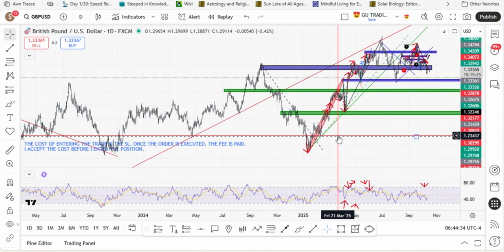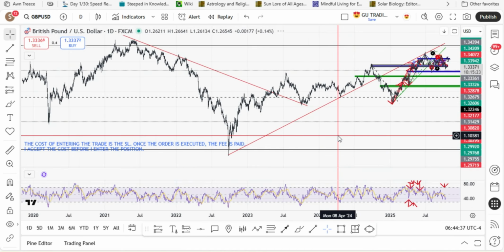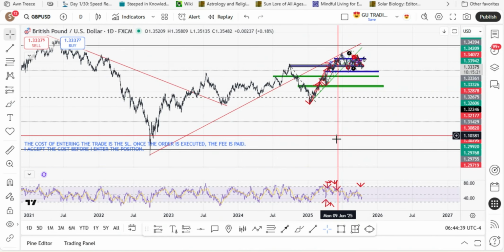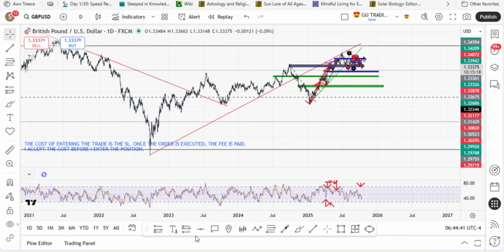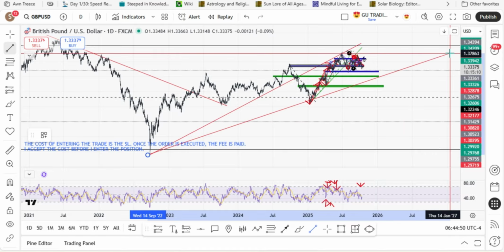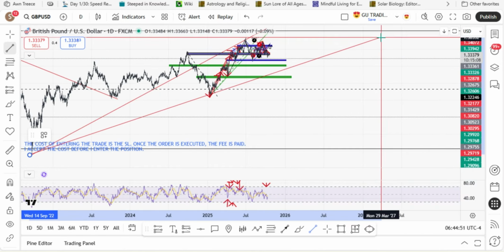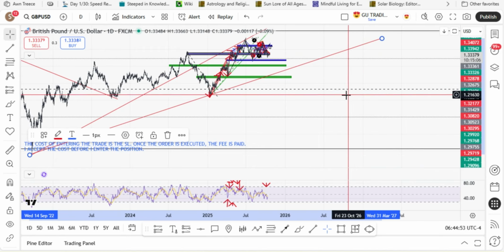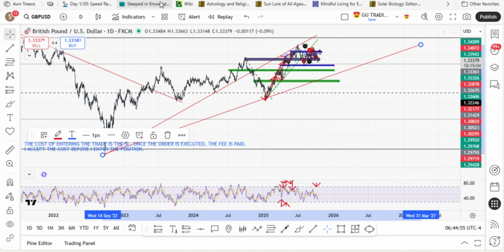Let's see, where's my daily trend line? Let's make another one. All right.